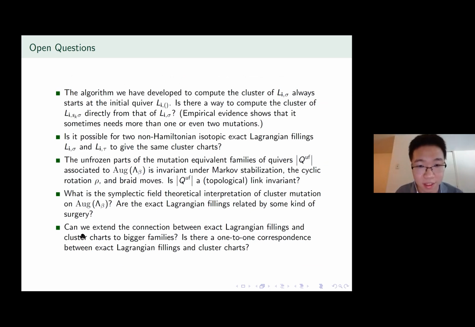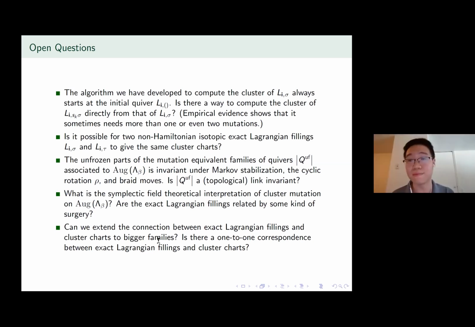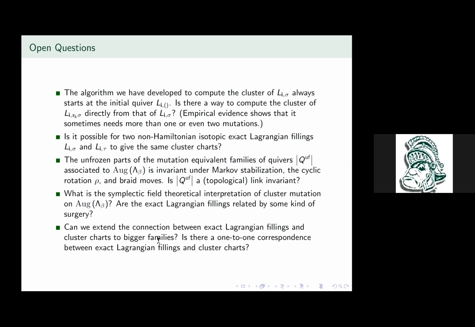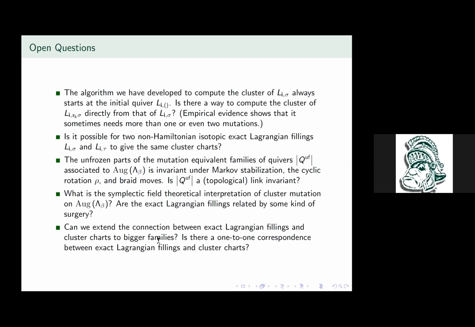So I think it's this one: can we extend the connection between fillings and charts to a bigger family? This is also a question. For example, your cluster variety is just a variety over C, right? This Richard Samuelson variety over C. If we know any information about the topology of this variety, does it give you any information about fillings?